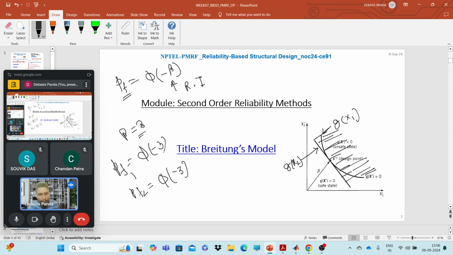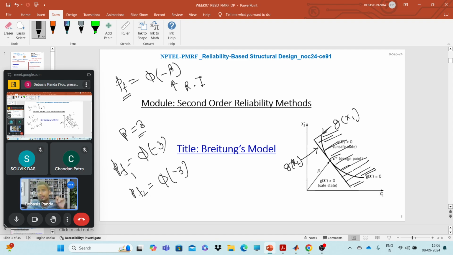So obviously it is evident that the failure probability for these two limit states will not be the same. But if we use the gradient-based FORM method, we will have the same probability of failure, because the beta value for the two cases will be the same.